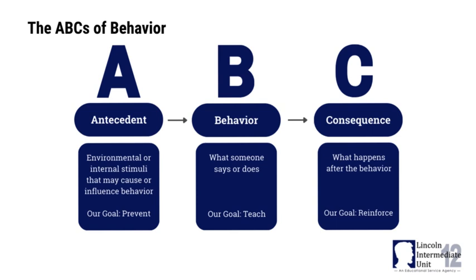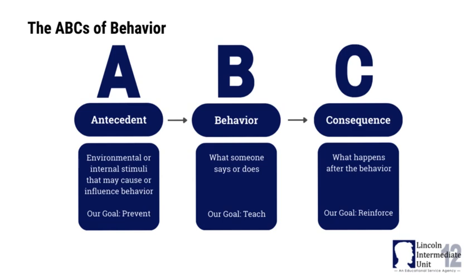Like I said, the ABCs of behavior is just a lens that we view behavior through. A stands for antecedent, B for behavior, and C for consequence. We're going to look at what each of these means, but a basic, very quick overview is that the antecedent is what happens before the behavior that may influence or cause it.